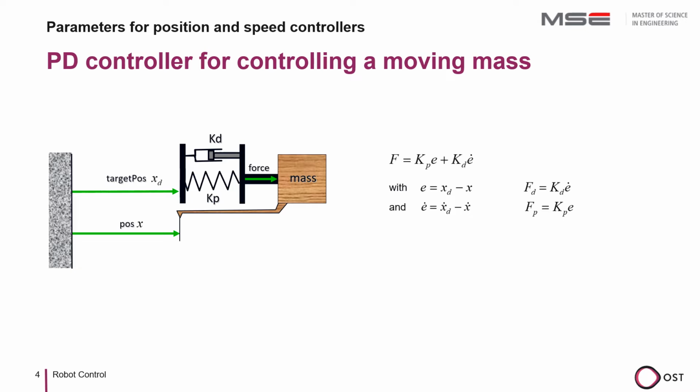Putting this together gives the formula F equal Kp multiplied by E plus Kd multiplied by E dot, and we immediately see that this corresponds exactly to the PD controller. As a program example, it would look like this. You can see that Kp of the PD control corresponds to the spring constant and Kd to the damping constant.